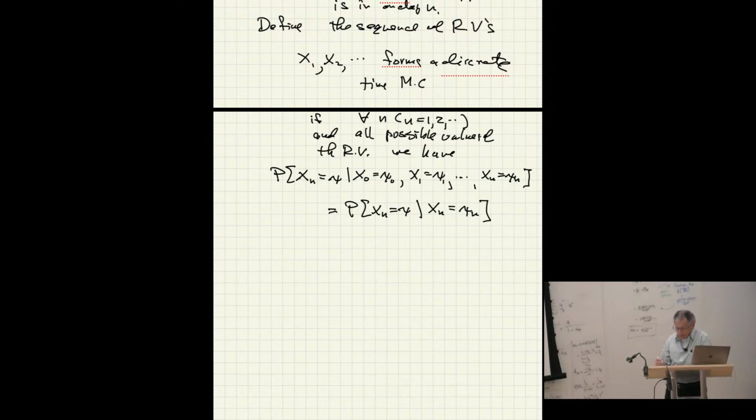Namely, the probability of being in state n next, oops, that should be an n plus 1, I'm sorry. N plus 1 here, and n plus 1 here. That next city, n plus 1, knowing the entire past, only depends upon where you are in the current city. I'll write it out again just to emphasize it.